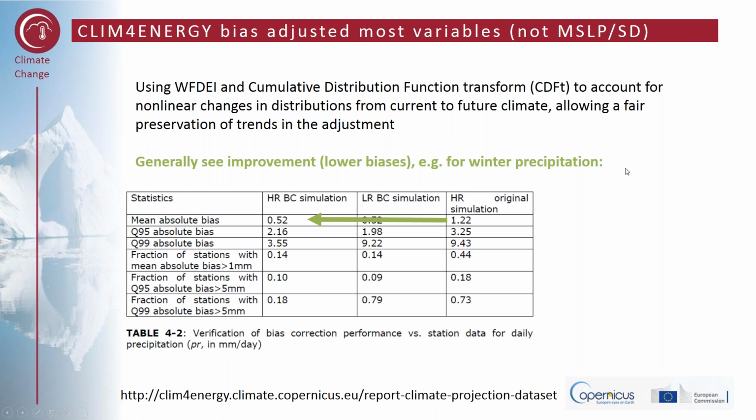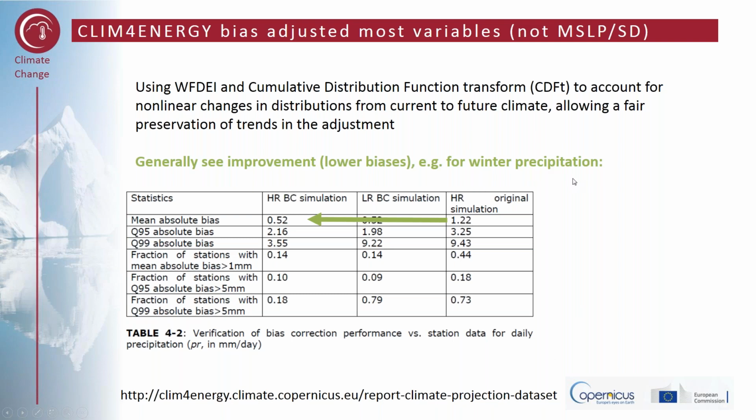Having done the adjustments, CLIM for Energy then assessed the improvement in a similar way to what Phil Jones talked about for the historical data. And there the comparison was done with station data. So here's just one example of the CLIM for Energy results. You can see the full report on what they did here, which is publicly available.